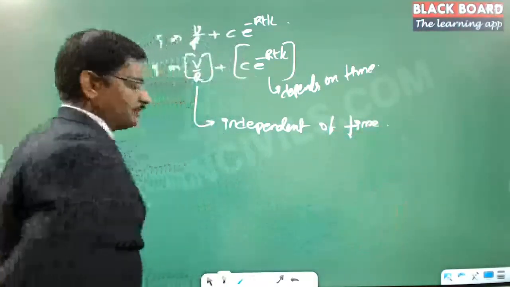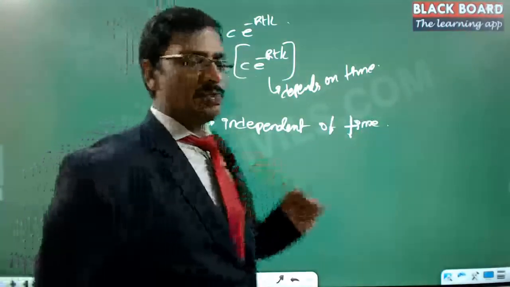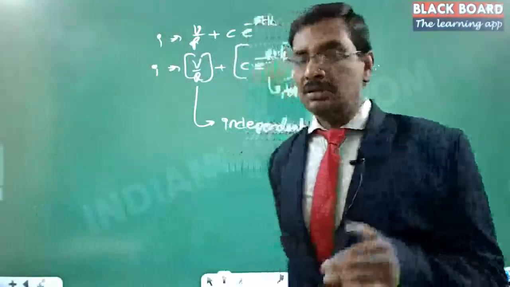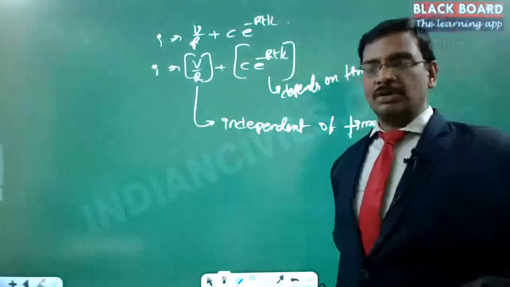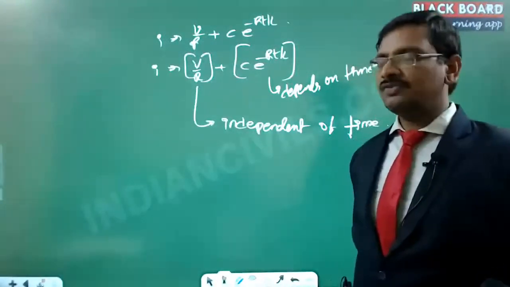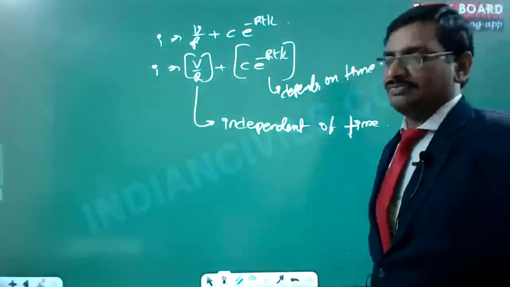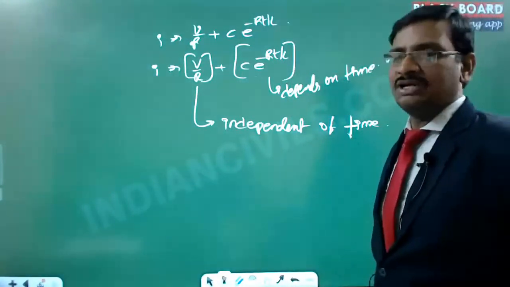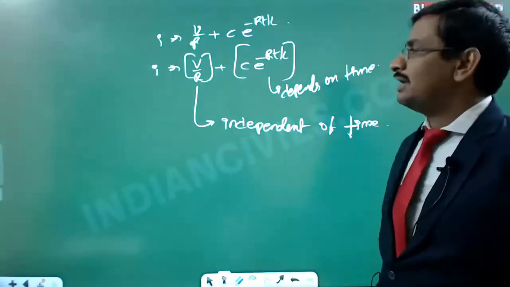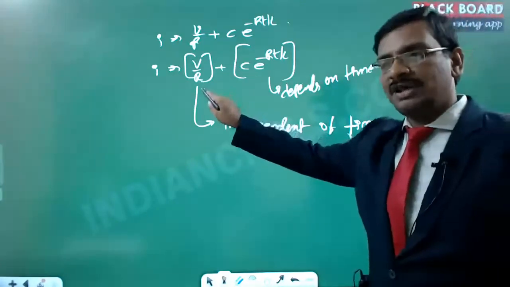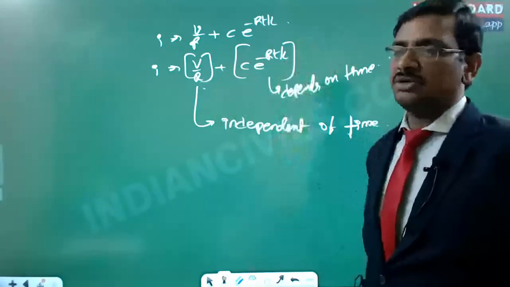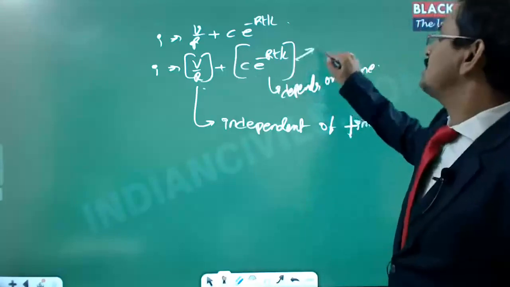And if you notice, as t tends to infinity, the time-dependent part loses its influence. It doesn't matter what the value of t is, it is always V by R that is maintained.